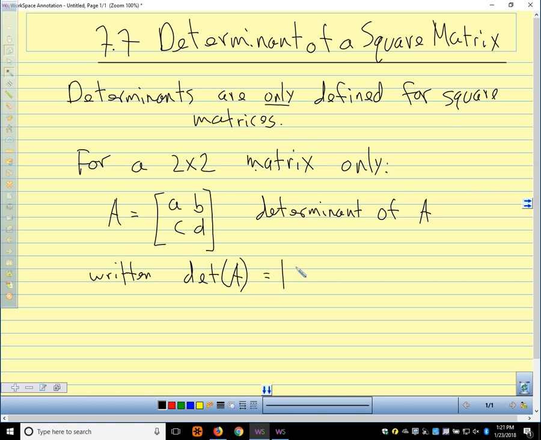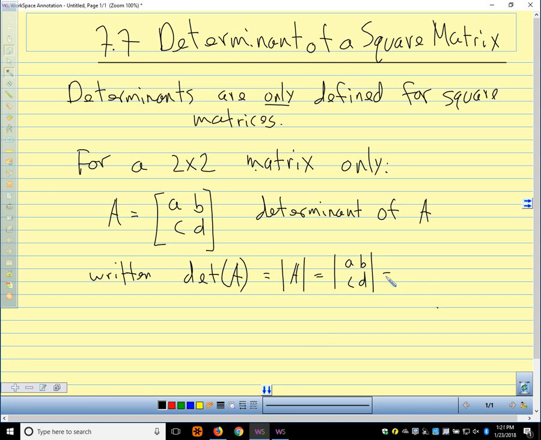We also write with straight bars, like an absolute value. This means determinant of A. You'll also see it written like this, with the elements of the matrix inside the straight bars.